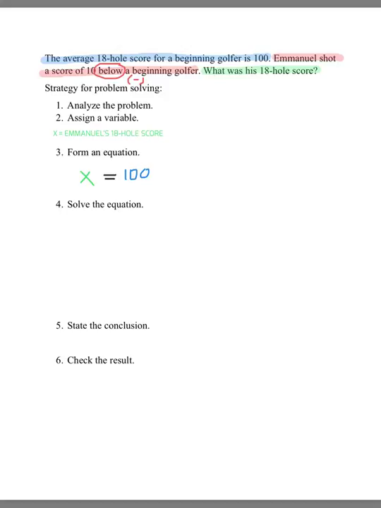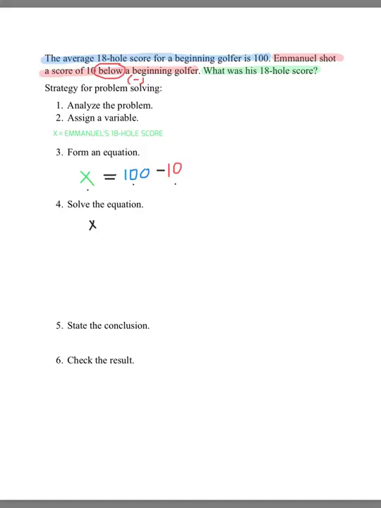So we're going to have to go with subtraction because of the below and the number 10, which is again given to us. So there we go. Emmanuel scored 10 below the beginning golfer. So now that we have our equation, let us go ahead and solve the equation.